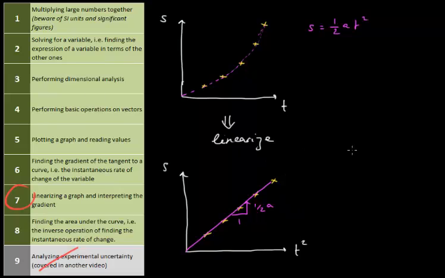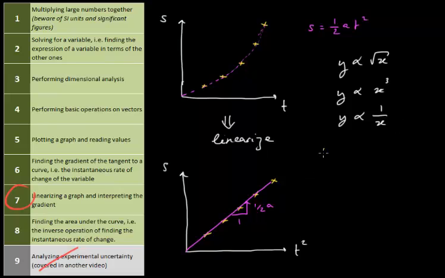Linearization is an operation you can do with any kind of relationship. For example, when there's a square root relationship between y and x, knowing that y and x are the vertical and horizontal variables, you just raise x to the power of 1/2 and you'll be linearizing. Same here if we have a cubic relationship or an inverse relationship. You simply need to respectively cube x or take its reciprocal in order to obtain a line.